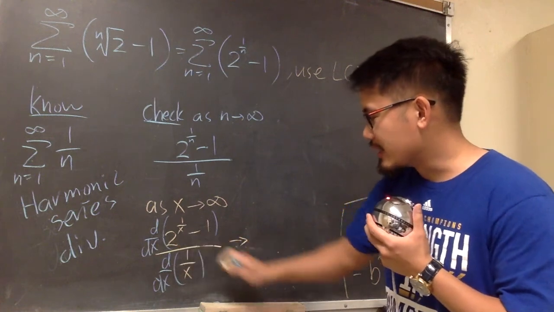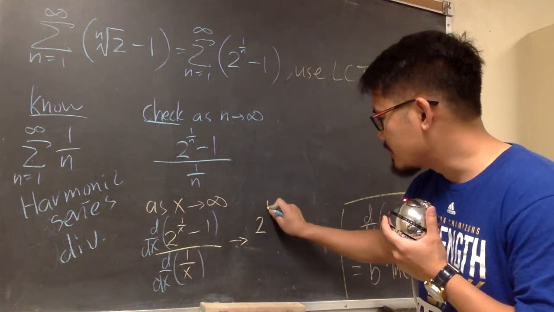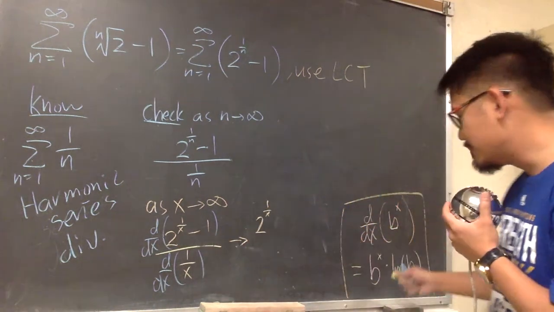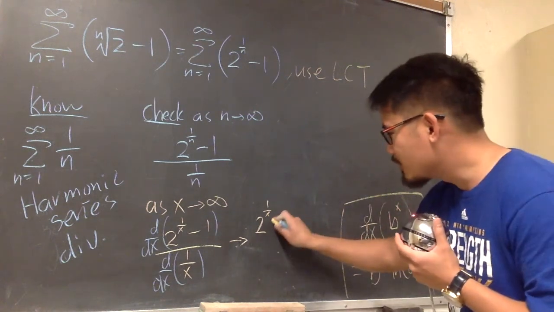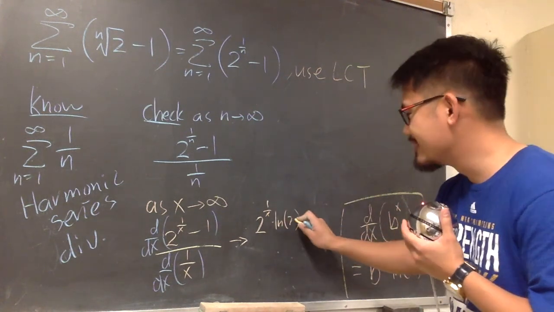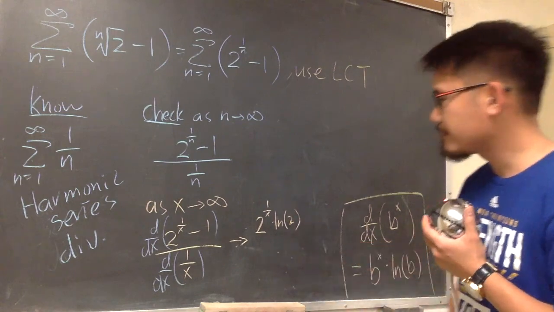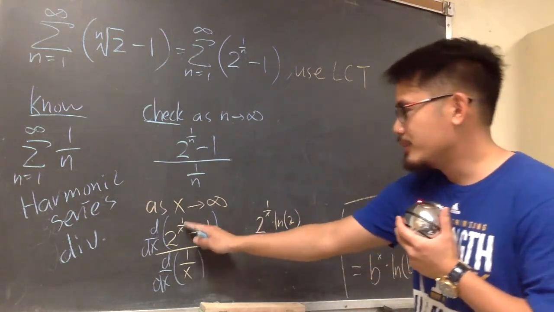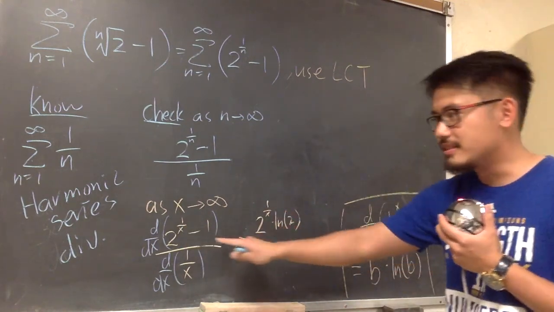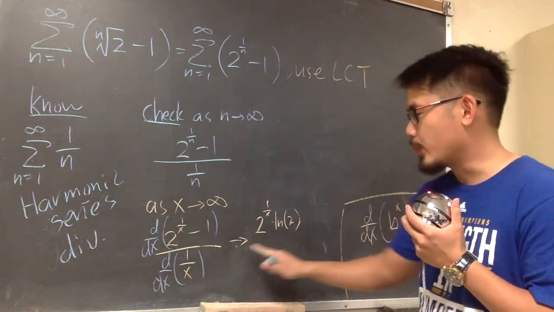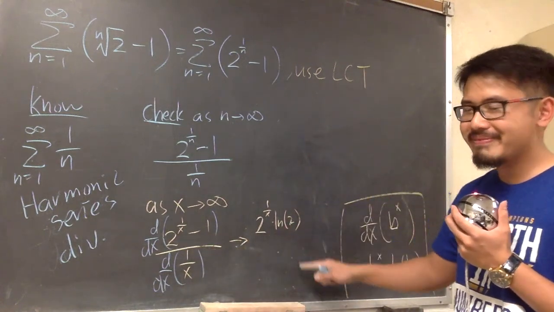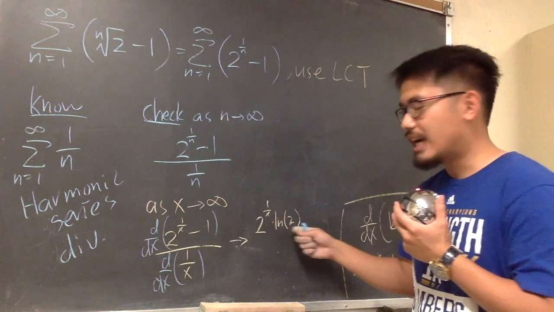Anyways, 2 to the something stays the same as 2 to that thing, and first we multiply by ln 2. Once again, 2 to the something stays, but this is a 2, it's not e, so we multiply by ln 2. If it's an e, then we wouldn't have this.